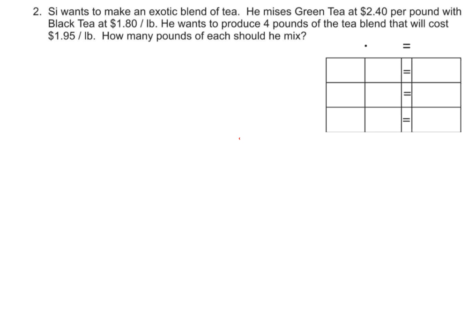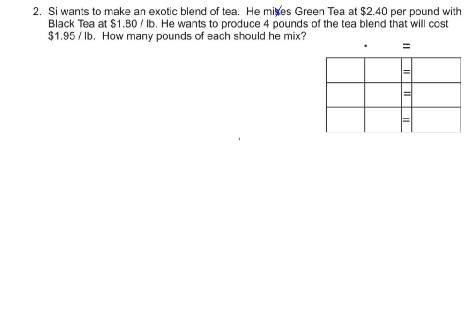He mixes green tea at $2.40 per pound with black tea at $1.80 per pound.